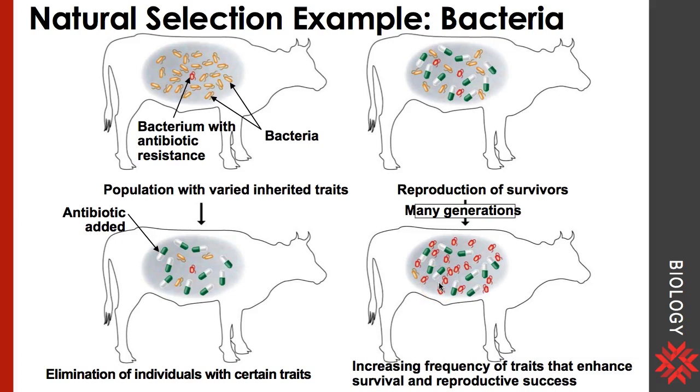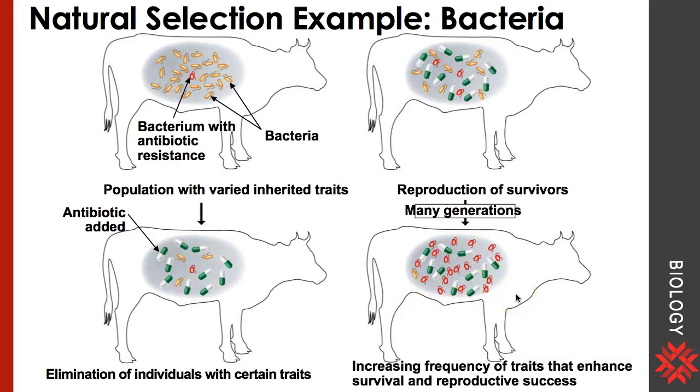So by constantly giving antibiotics, it's constantly causing this natural selection to occur, because you have this descent with modification. You have the bacteria that are reproducing, so those would be the descendants, but they're modified. In this case, they're modified in that they're resistant to that antibiotic, and then they won't get killed off.